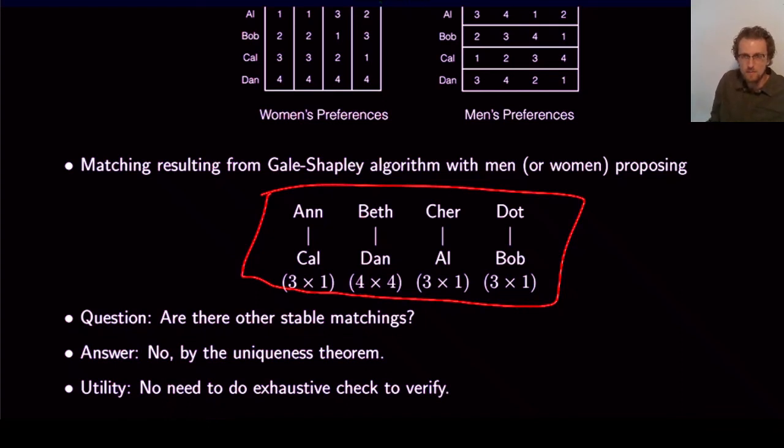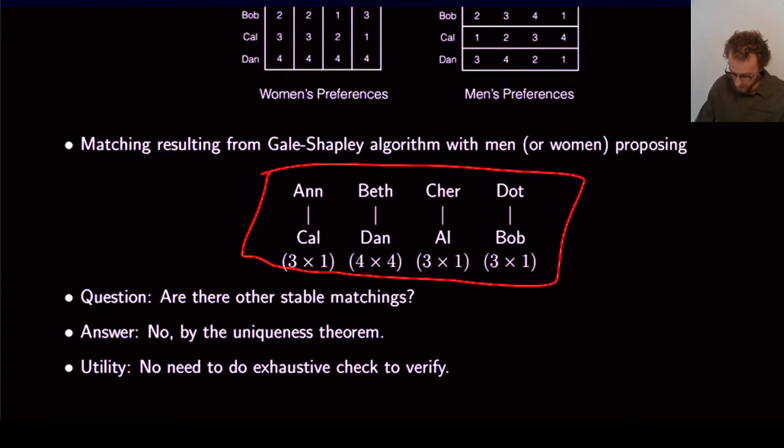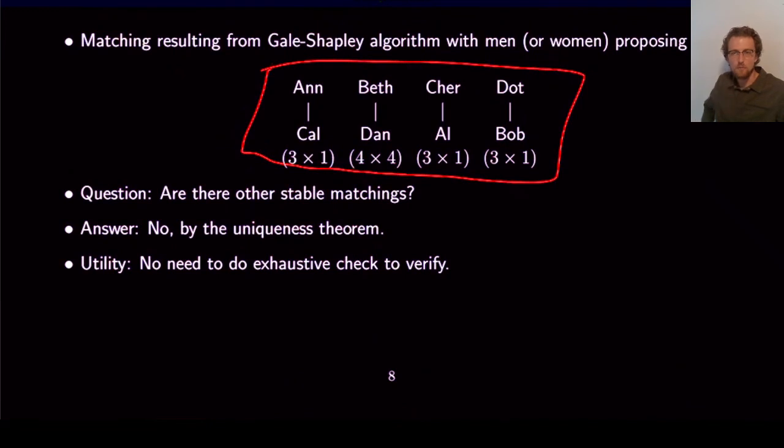It's possible for many other matchings to exist. So this is probably the weakest of the results that we have in this problem, but it's one of them. So this is the end of the line for the stable matching problem.